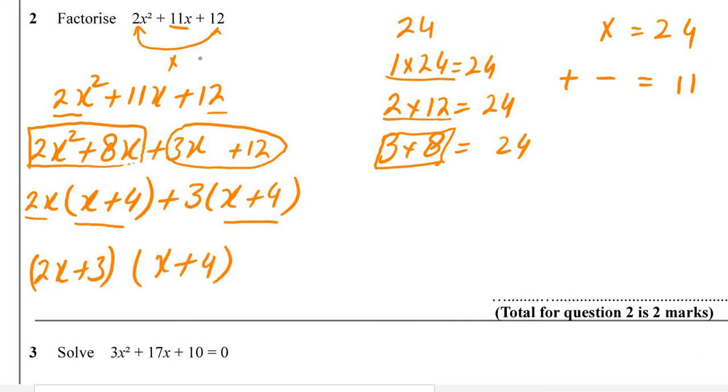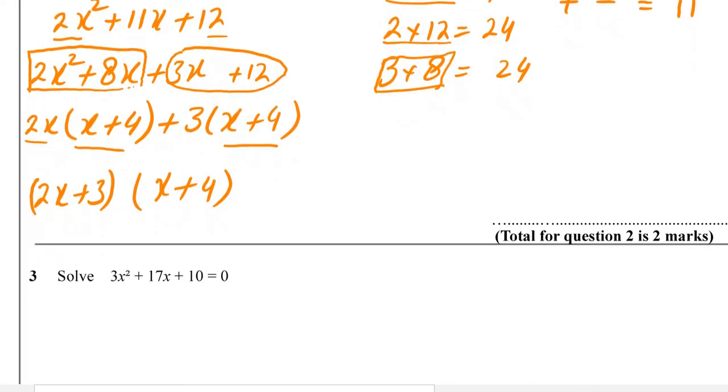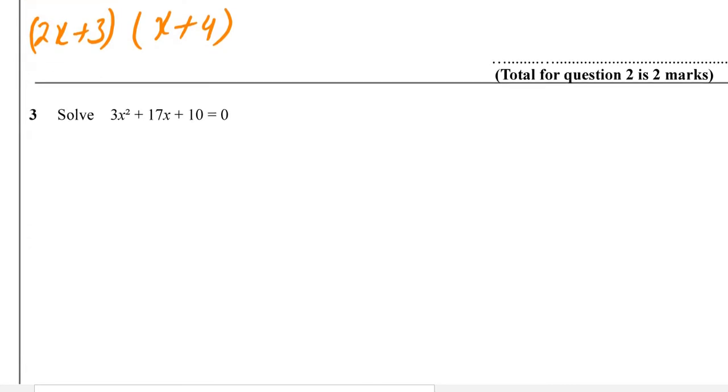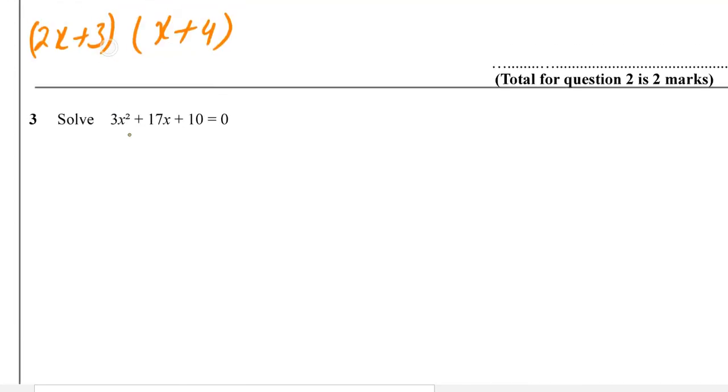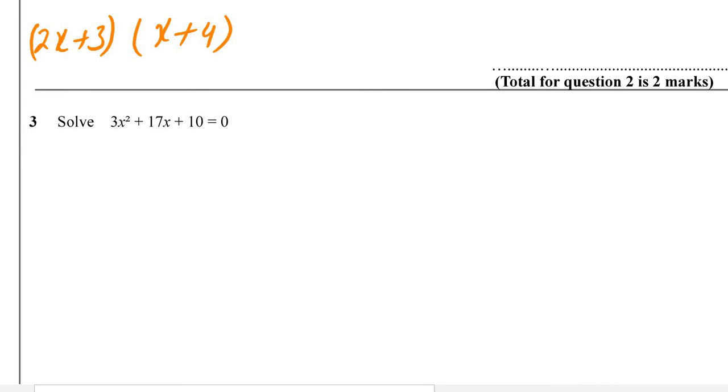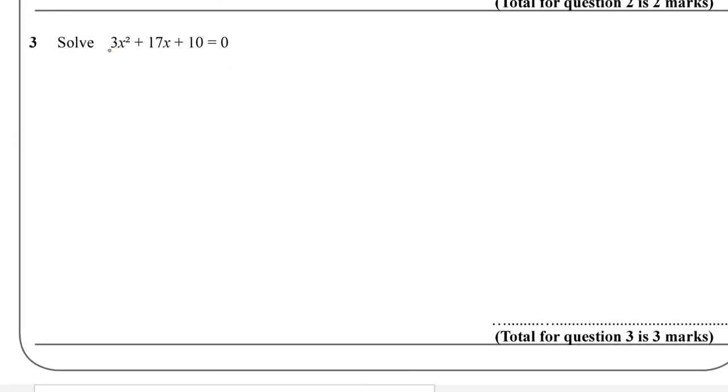Hope you understand. So this is all plus, so we're going to do some minus as well, but we're going to do one more question, then hopefully you'll understand. So this is the equal sign, I mean this is a quadratic equation, but before it was a quadratic expression. So the first thing, 3 times 10, so we're going to multiply it, so it's going to be 30 now.